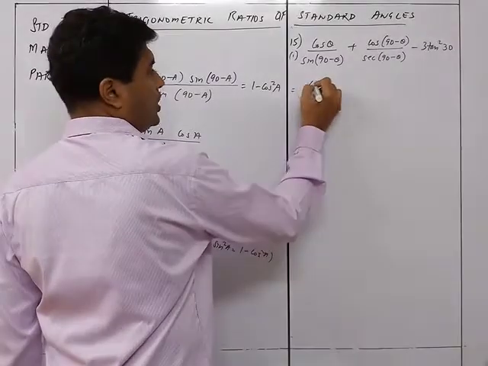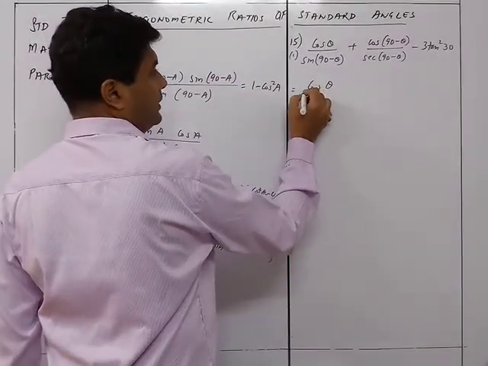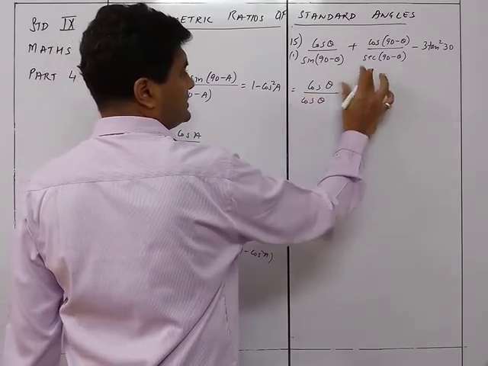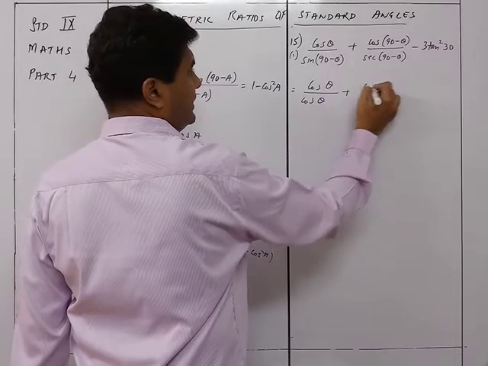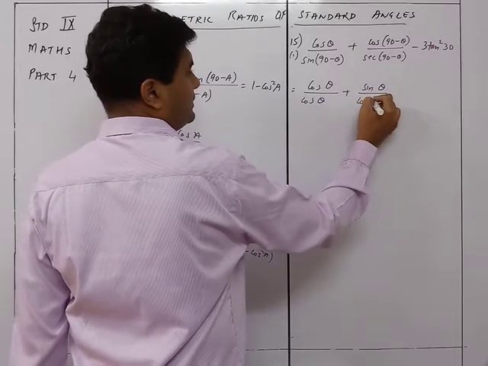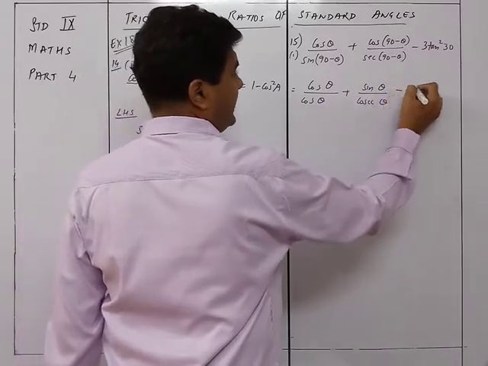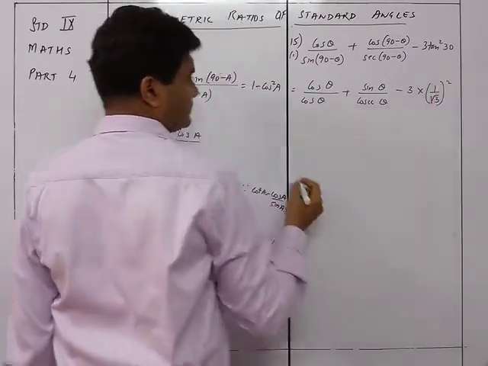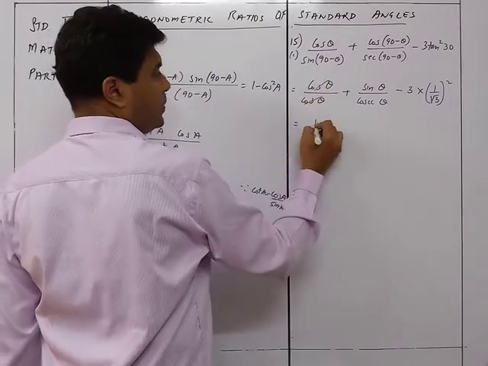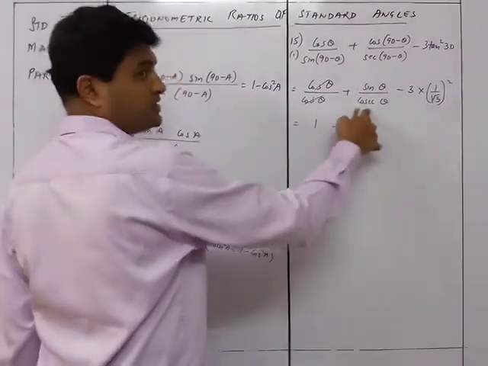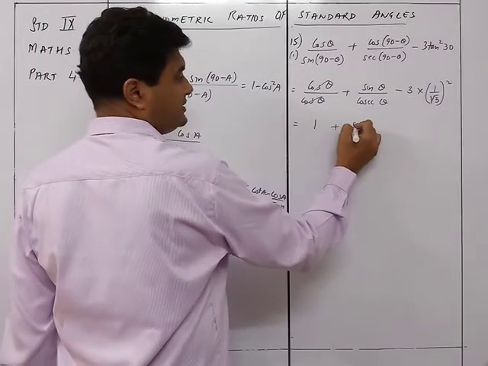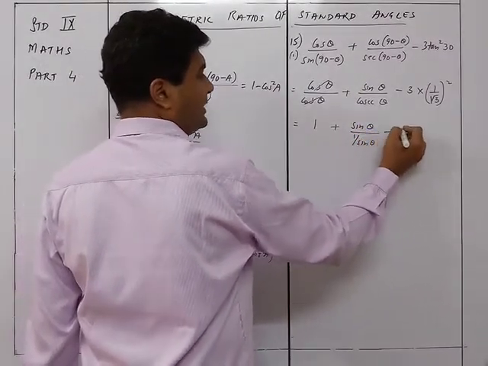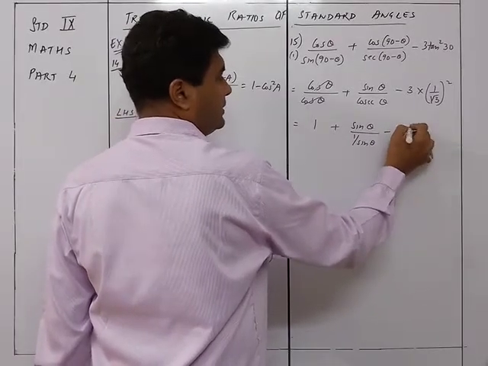So first is cos theta upon cos theta plus sin theta upon cosec theta minus 3 into 1 upon root 3 the whole square. This gives you 1 plus, cosec is 1 upon sine, so it will be sine theta upon 1 upon sine theta, minus 3 into 1 upon 3.